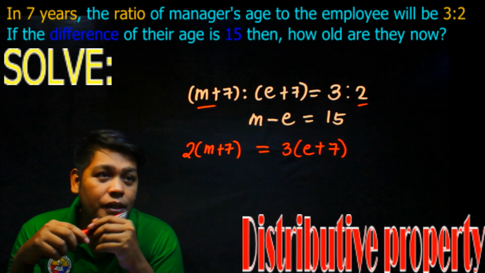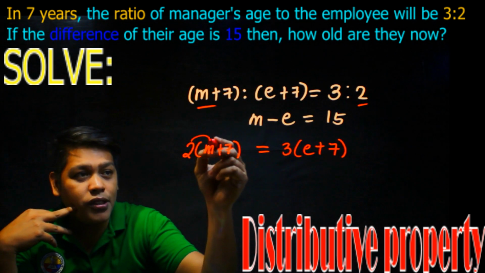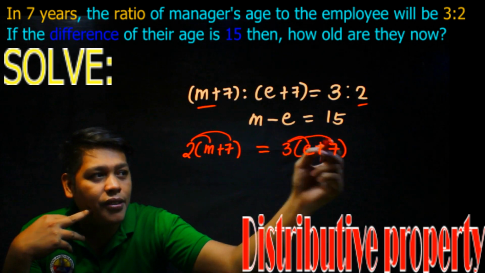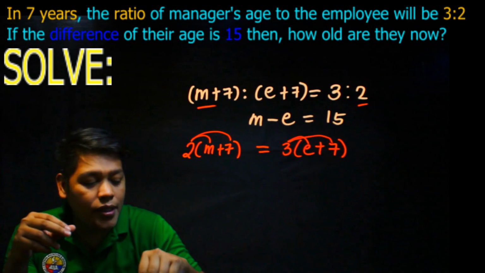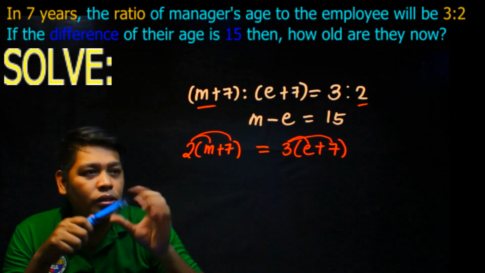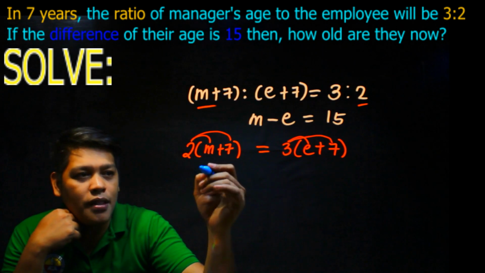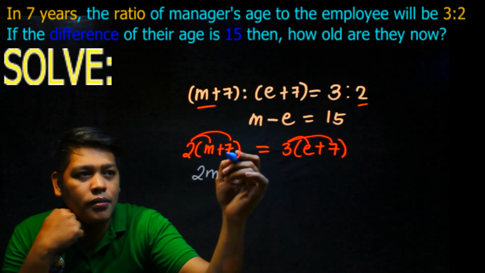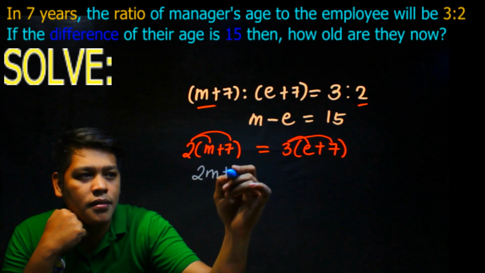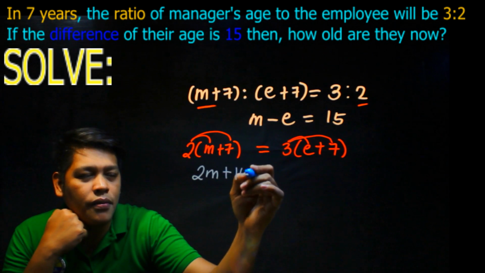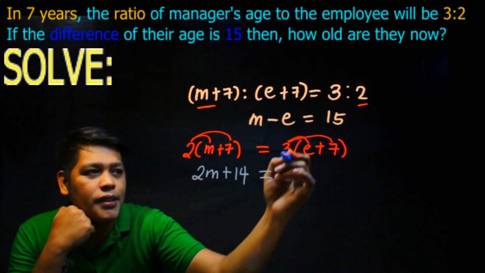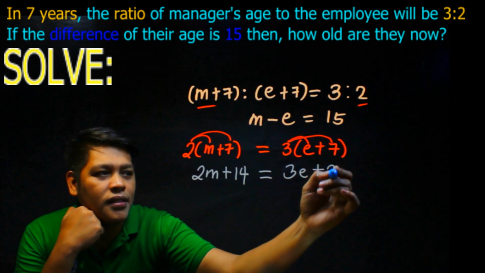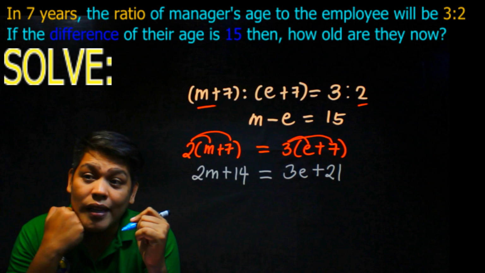We distribute this and distribute that. So 2 times M is 2M, 2 times 7 is 14, equals 3 times E plus 21.